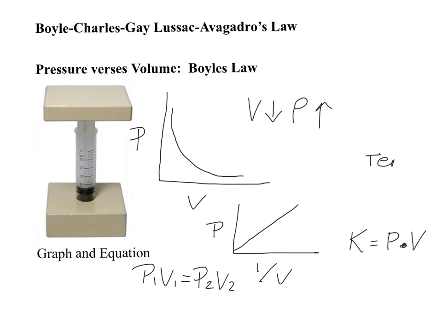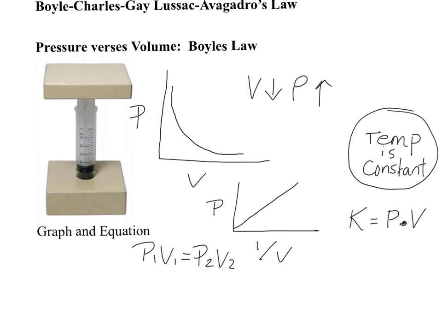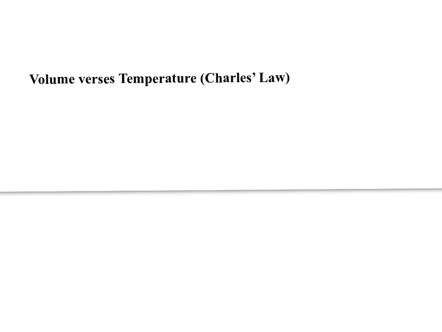So this assumes that temperature is constant in this scenario. In the next scenario, volume versus temperature, which is Charles.